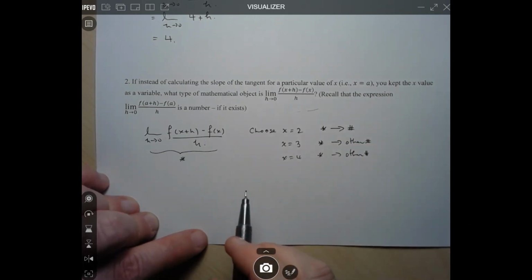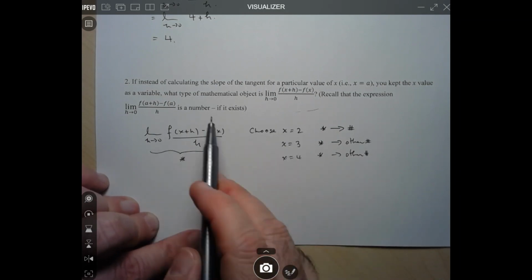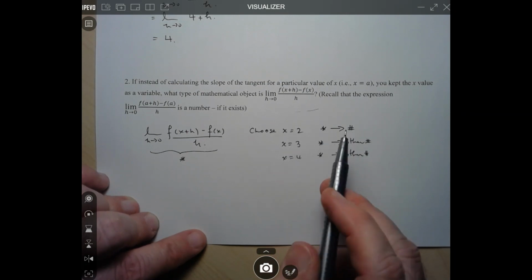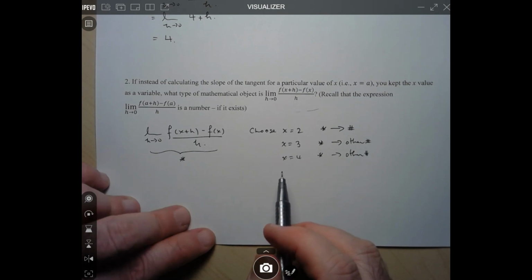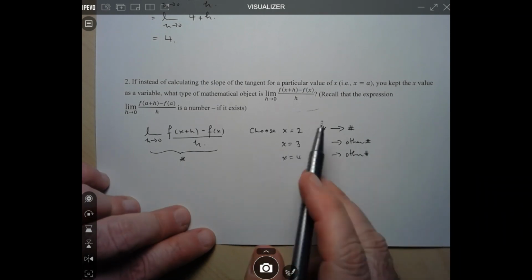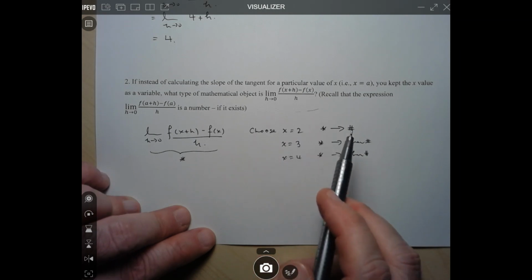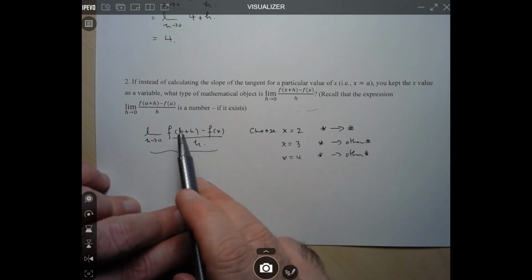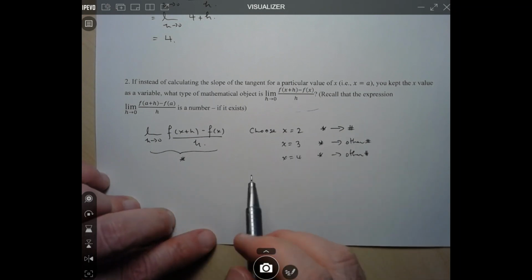In other words, for each choice of x, this expression outputs some number. And I did not use that word by accident. What kind of object takes an input, which is a number, and then produces a unique output, which is a number? Because when I stick in x equals 2 here, it's going to produce one single number.